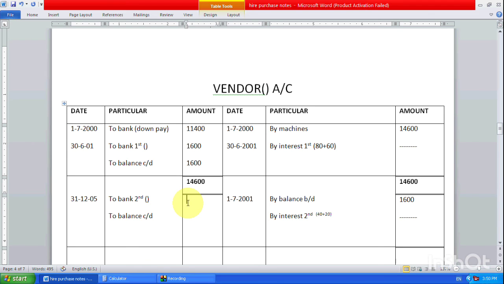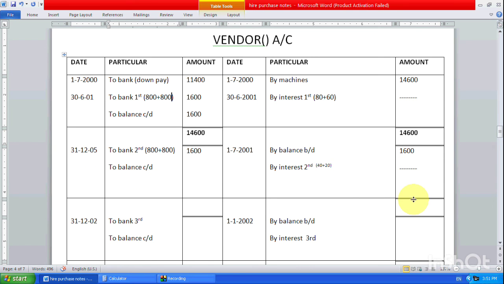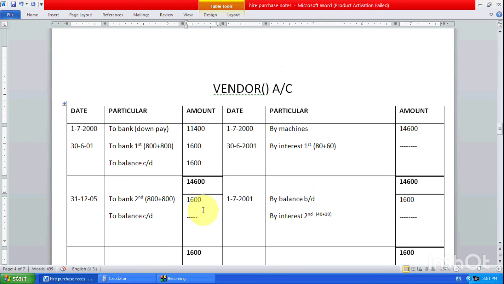Second year installment 1600 directly, so there is no balance carried down. Write 800 plus 800. Tally the ledger, 1600. This is the way the vendor account is prepared.